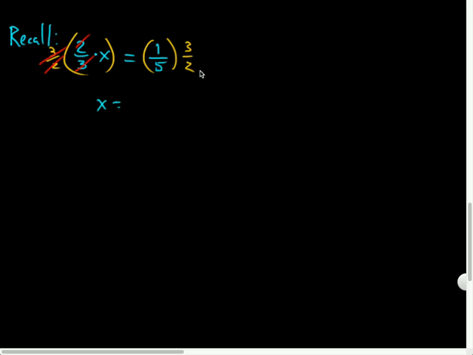There's nothing to cancel though. 1 times 3 is 3, and 5 times 2 is 10. And there's my answer, which is way easier than 1/5 divided by 2/3. I don't know the answer to that, right? But this I do. So the idea was multiply by the reciprocal.